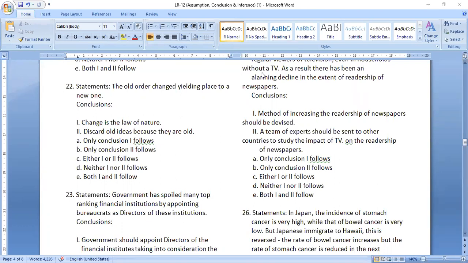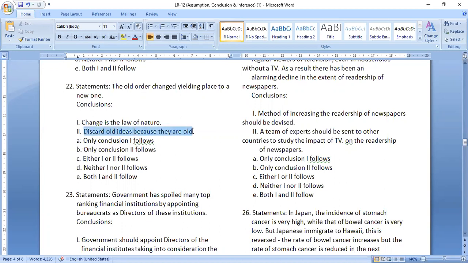No, sir. We cannot conclude that. So change is the law of nature. So the old order changed, yielding place to a new one. So definitely not.